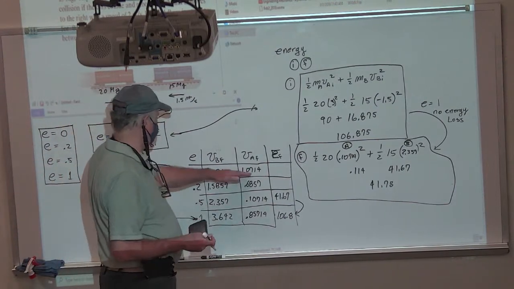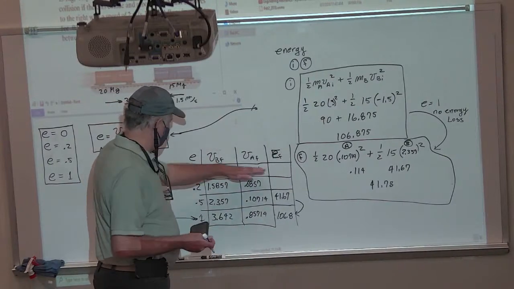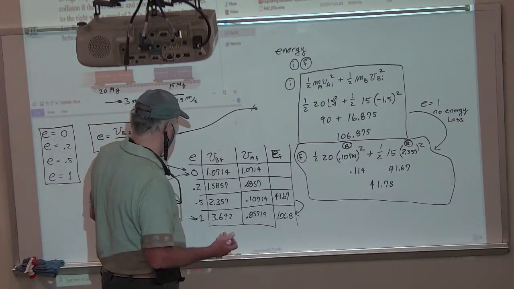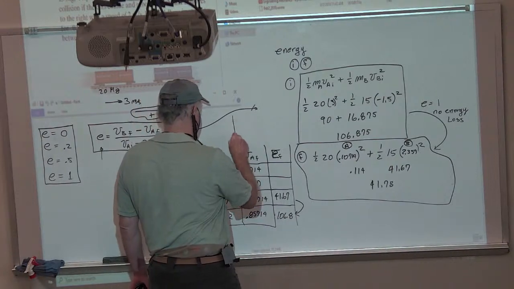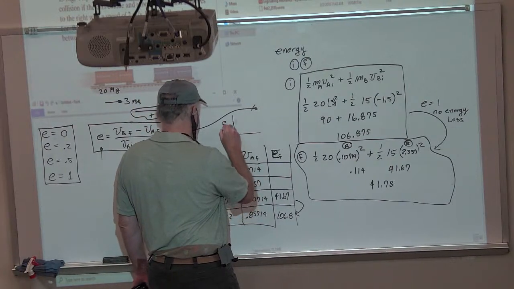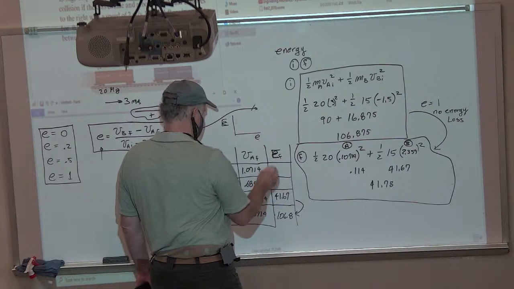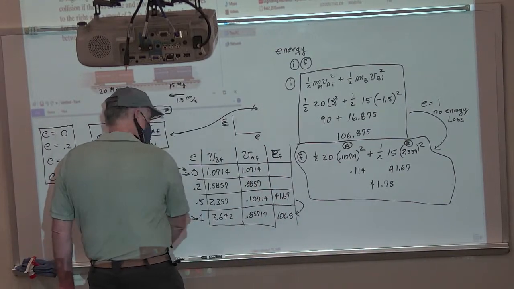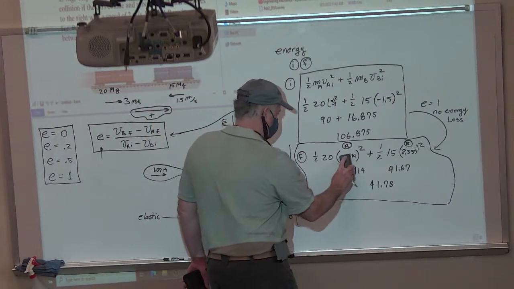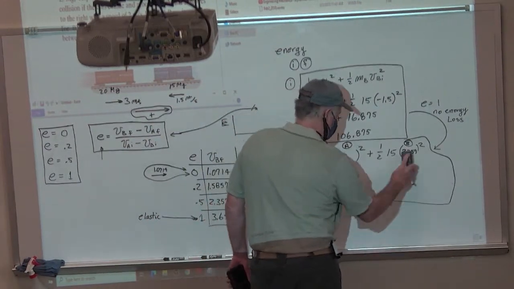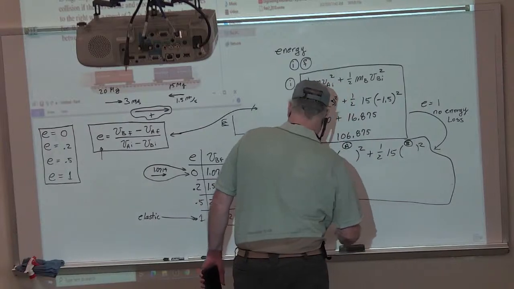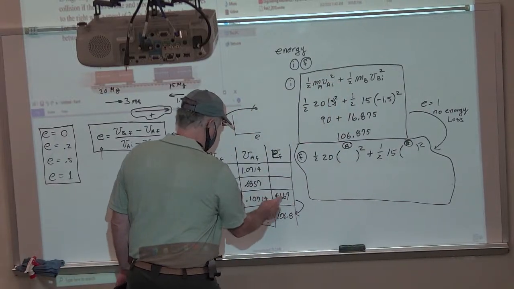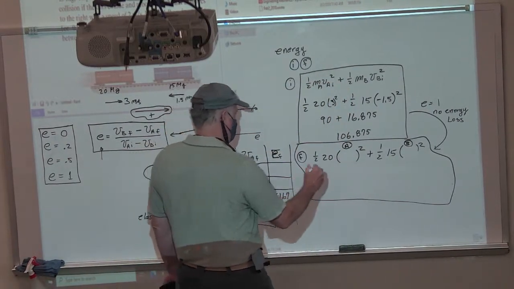Now let's go straight on to here and see what the worst case is. You can come back and plot energy versus E and do several of these, but I'm not going to do that right now. Okay, let's go back and look at the worst case. Is the energy here lower than this one?